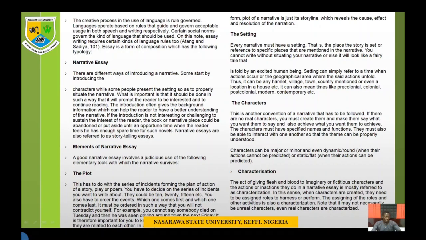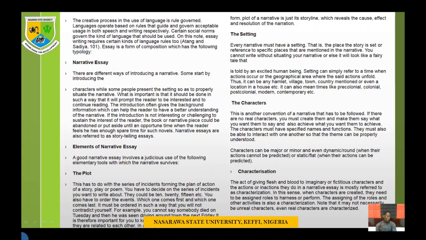So when you put events and incidents in this order, we now say you achieve the plot of your writing. It simply means that a plot is giving you the clue or the arrangement in such a way that the interest already aroused by you in the readership should be sustained.